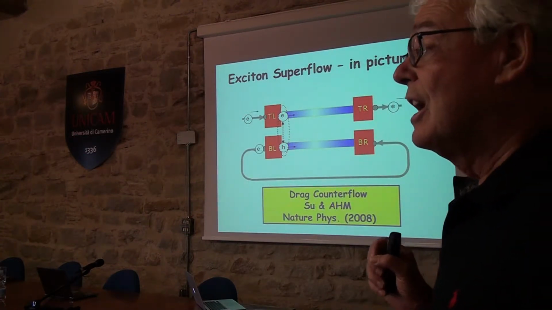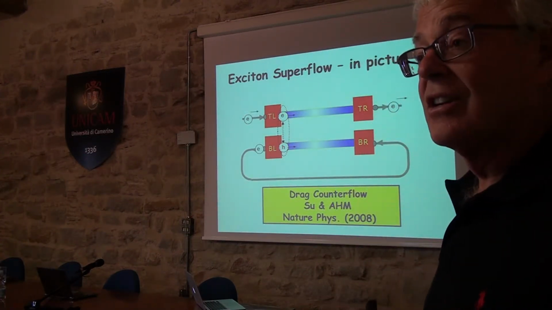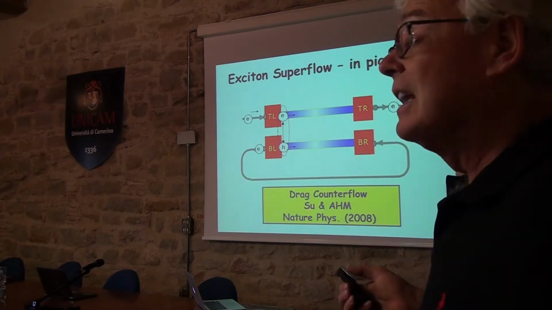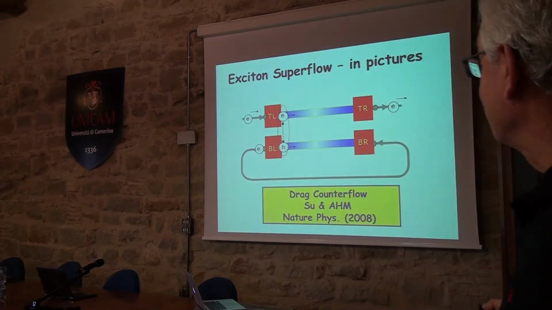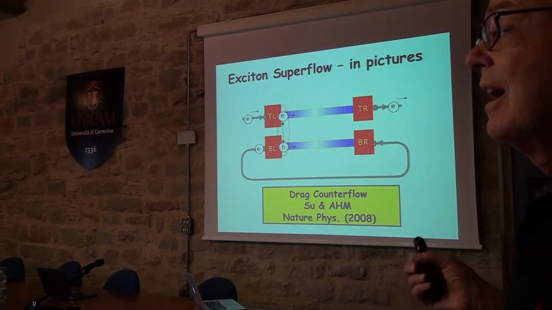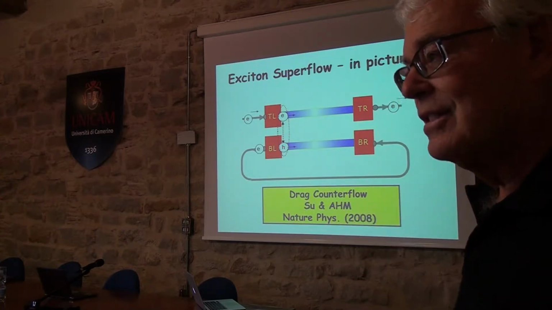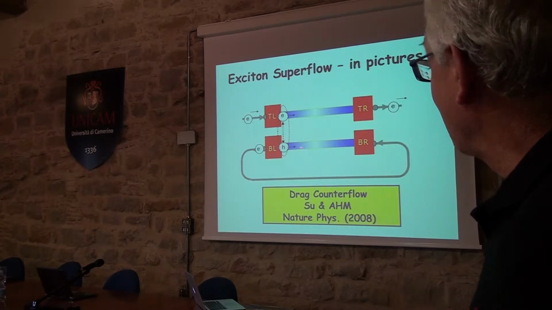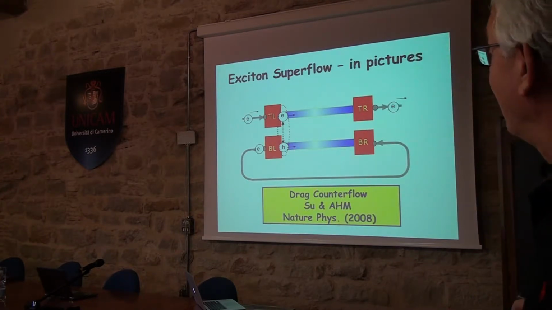In other words, you can adjust the degree of either coherent or incoherent tunneling between the two layers. In the first experiment I showed you, the tunneling is turned off. So particle number is conserved separately in the top layer and the bottom layer.